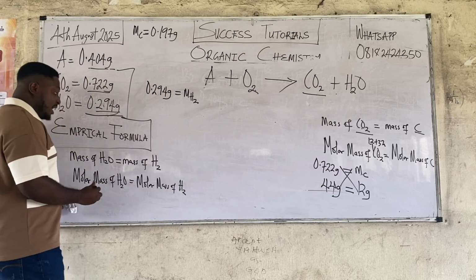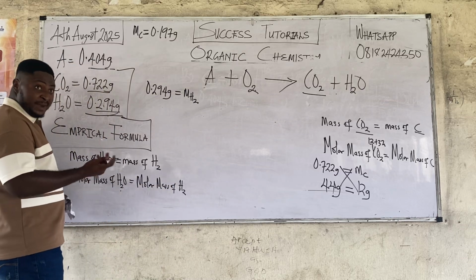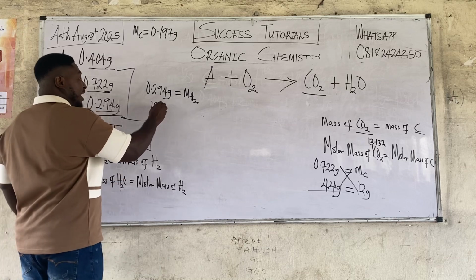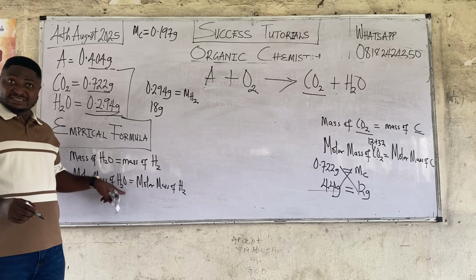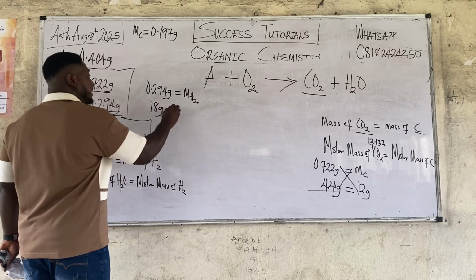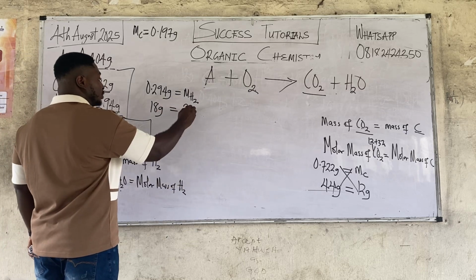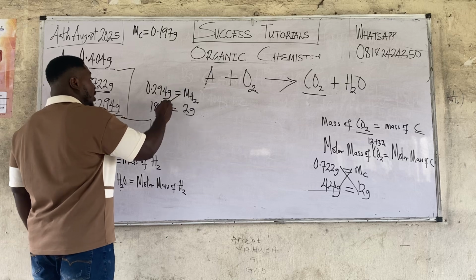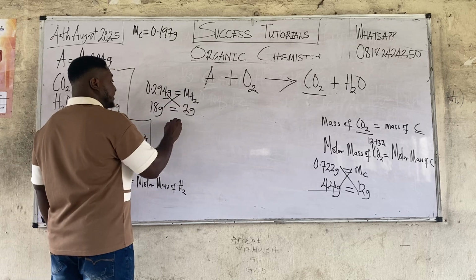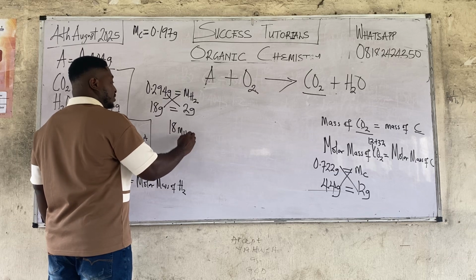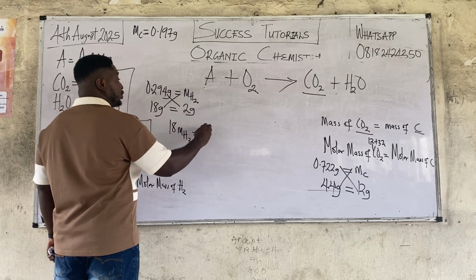Can it be obtained? This is the popular number, H2O is 18 grams. Everybody should know that H2O is 18. Molar mass of H2O is 1 times 2 plus O is 16, 18. What's the mass of H2? 1 times 2, 2 grams. What we're going to do is cross multiply. So we're going to have 18 times MH, 18 MH equals 2 times 0.294.